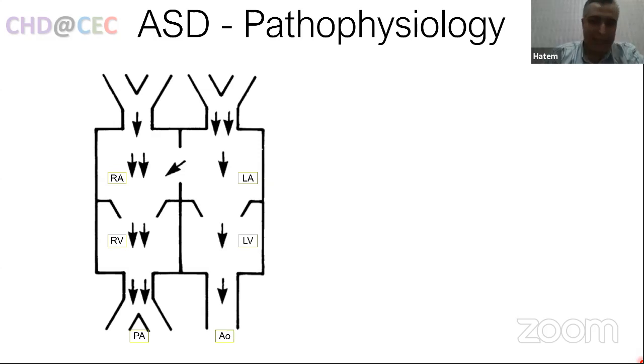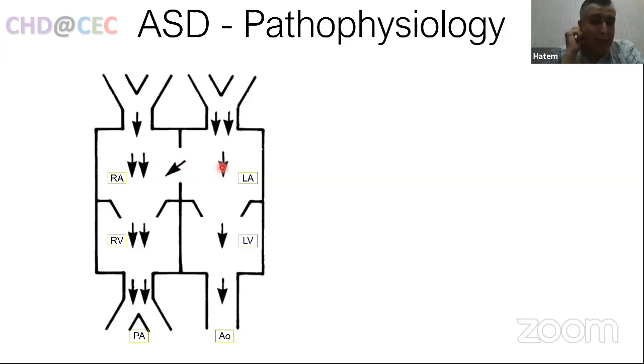These are systemic veins, SVC, IVC, going to right atrium, right ventricle, pulmonary artery, and then blood goes to the lung and comes back into pulmonary veins going to left atrium, left ventricle, aorta. And now this heart has a communication between both atria. We've just agreed that LA pressure is slightly higher than RA pressure, and so blood will go from left atrium to right atrium.